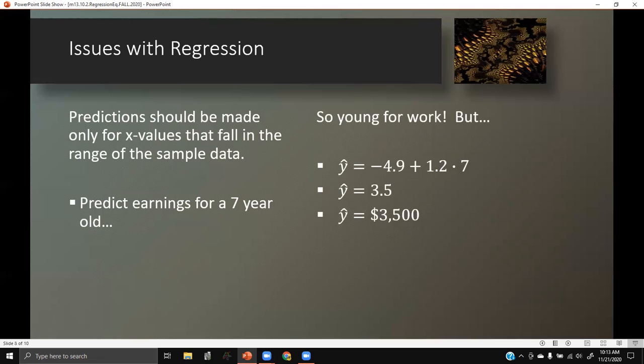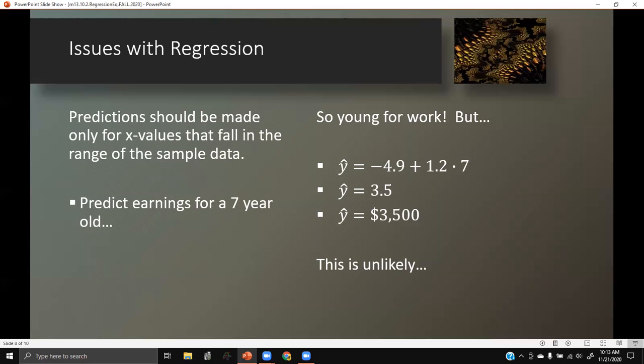So young for work. But when I run through that set of calculations, it turns out that my 7-year-old could earn $3,500 a year. This is extremely, extremely unlikely. You really can't rely on that particular sort of prediction because the x value is so far outside the range of all the other x values.